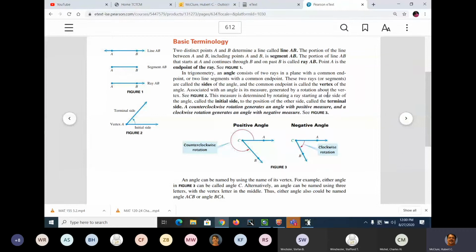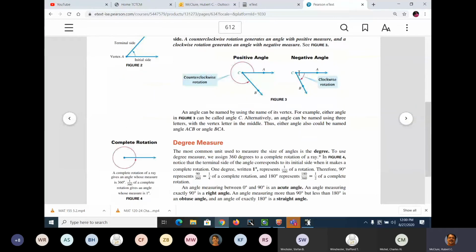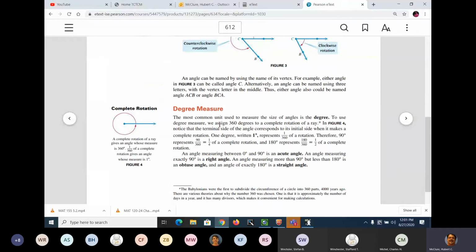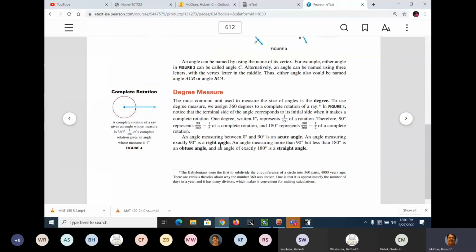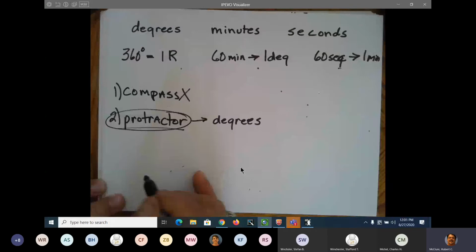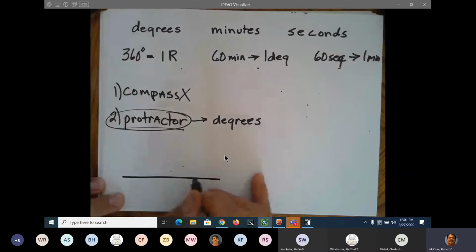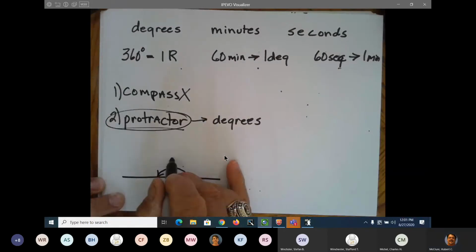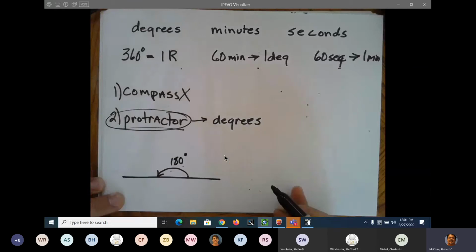And this is horizontal angles. Degree measure, 1 degree. Make sure you write down acute and obtuse. Y'all know that from geometry. I hate definitions. Your straight angle is 180 degrees.